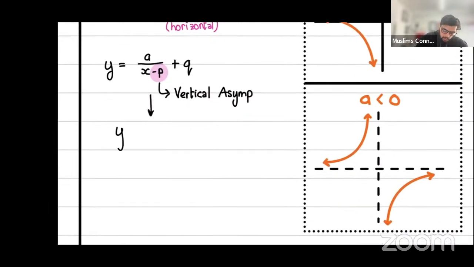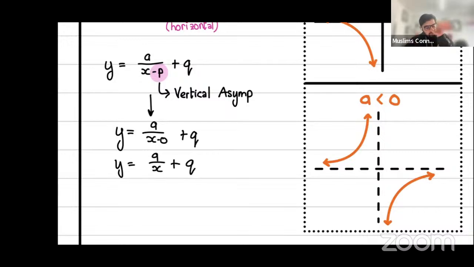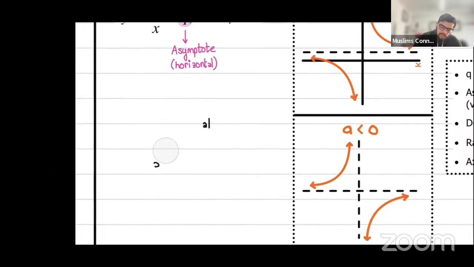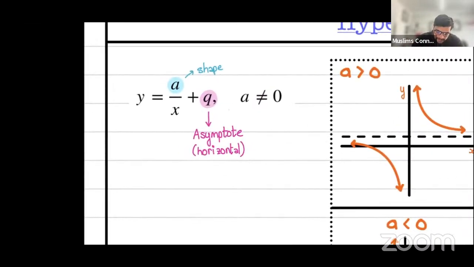The equation would look like this: y is equal to a over x minus 0 plus q, which is essentially y is equal to a over x plus q. So for all the examples that we do, p is actually 0, but we don't need to learn about p just yet. That's just for us to know. By the way, this horizontal asymptote is basically also a y asymptote.